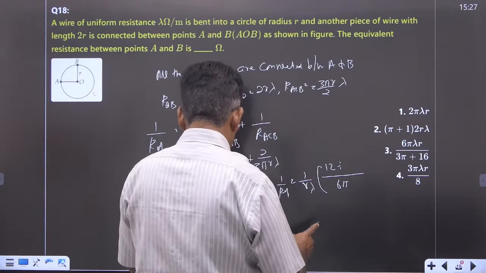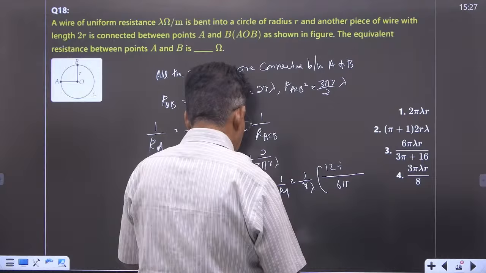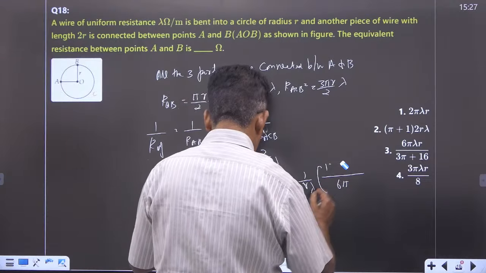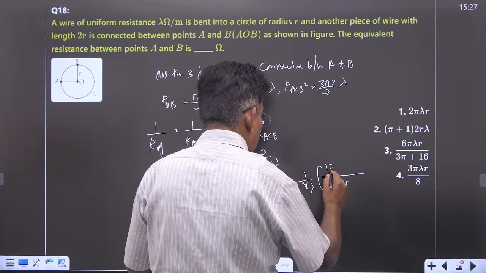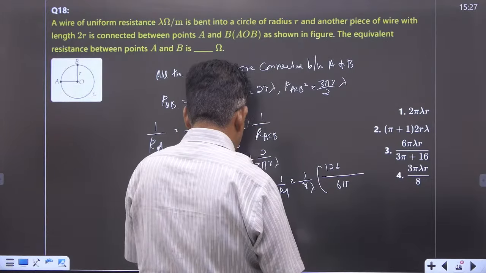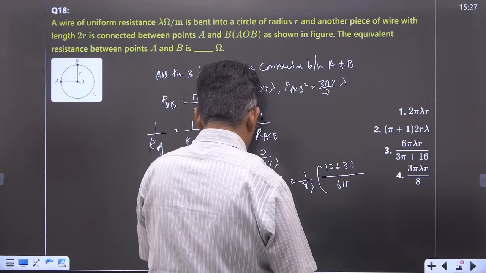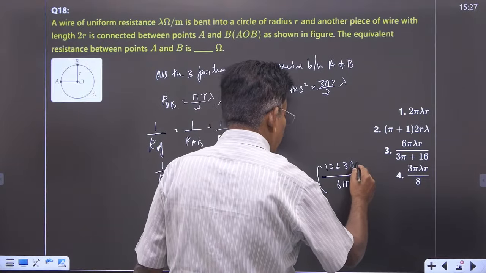LCM I have taken as 6 pi here, dividing. 6 into 2, 12. Plus 1 by 2, dividing by 6 pi will be 3 pi, correct? Plus how much will be there? 4 plus 2, 8.